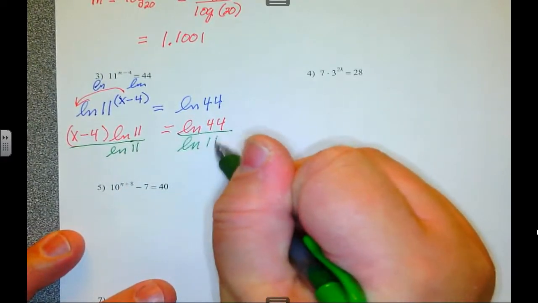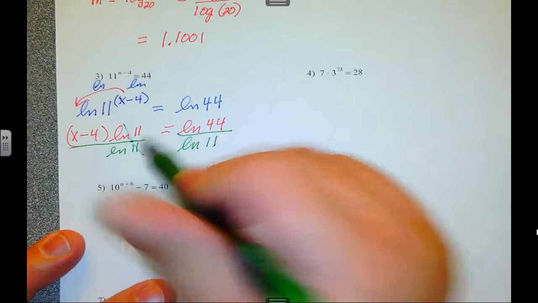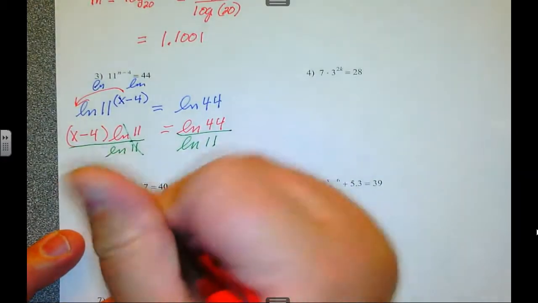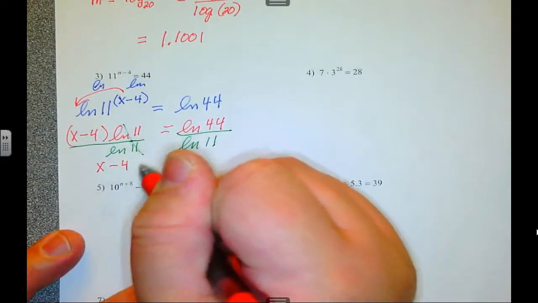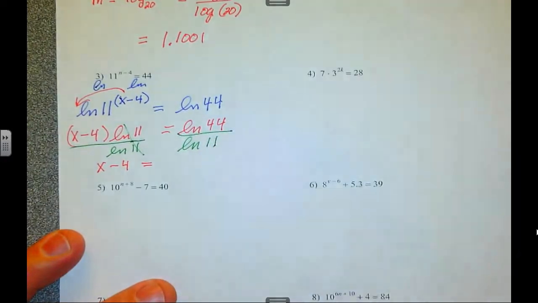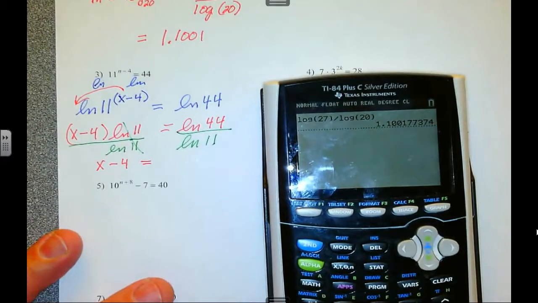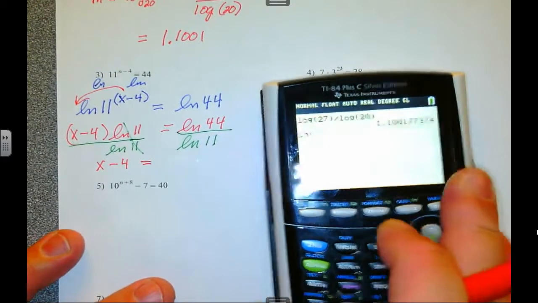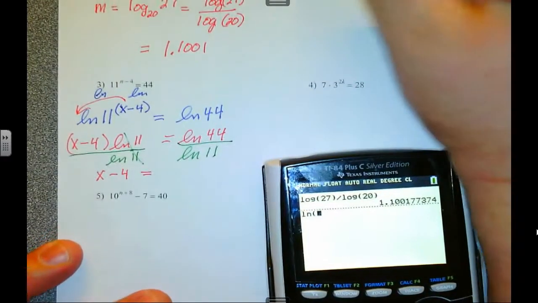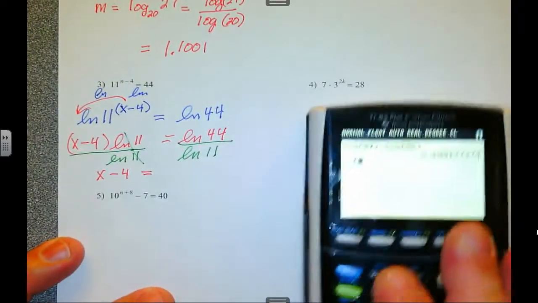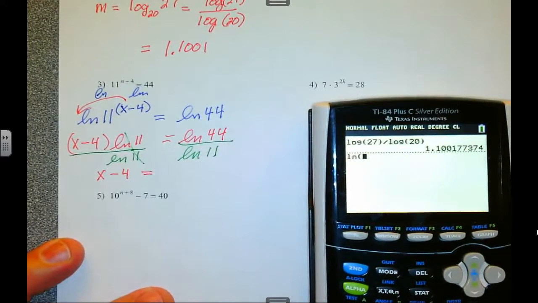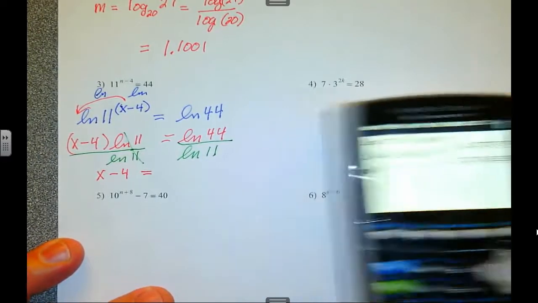So I get x minus 4 equals, put this in your calculators, ln of 44 divided by ln of 11, 1.5781.